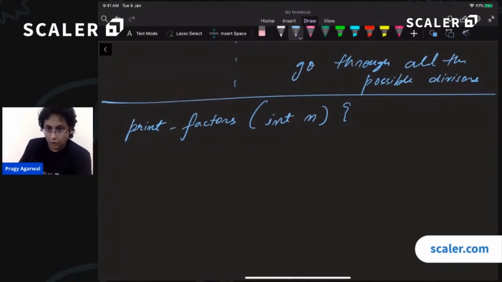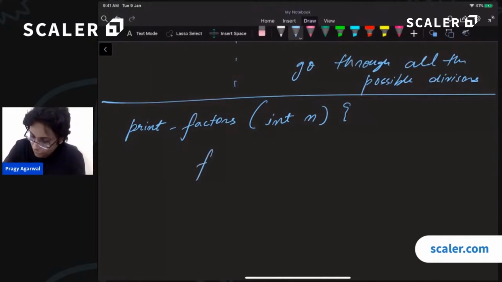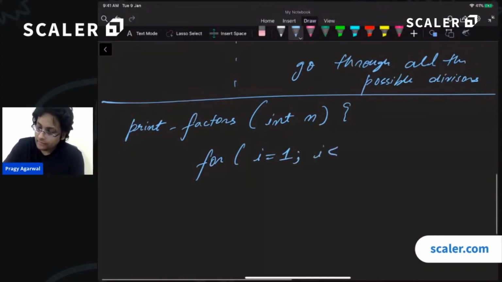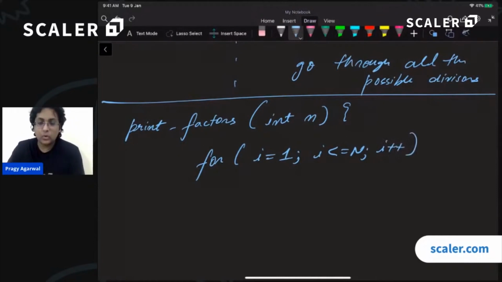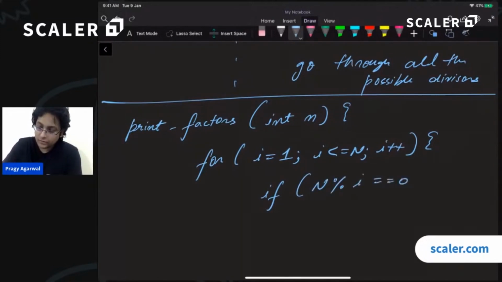This is a very simple for loop. So we will say for i goes from 1 all the way till n, and we'll increment i. So we'll go through all the different numbers. What will we do inside this? We will check if n mod i equals 0.